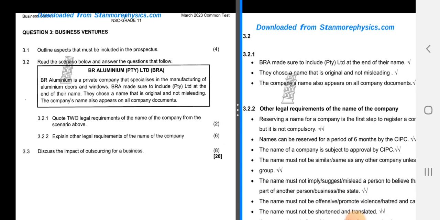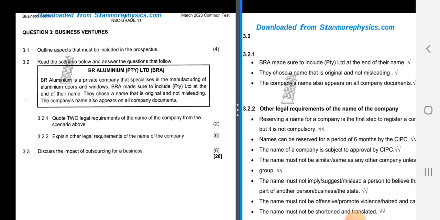So 3.2 says, read the scenario below and answer the questions that follow. BR Aluminium Pty Ltd. BR Aluminium is a private company that specializes in the manufacturing of aluminium doors and windows. BRA made sure to include Pty Ltd at the end of their name. They chose a name that is original and not misleading.